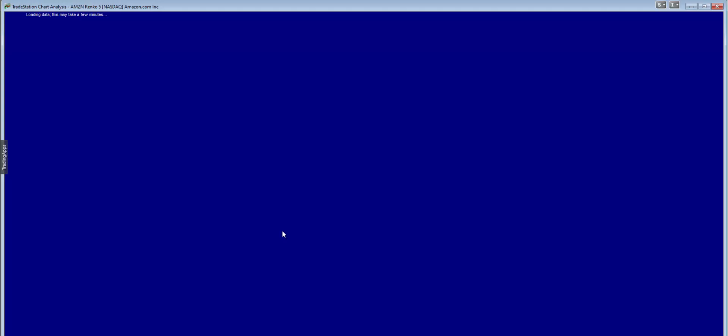You want to make those fine, measured trades, but sometimes it pays to back up and really take a look at the bigger picture. I'm going to have to pause this while it loads.